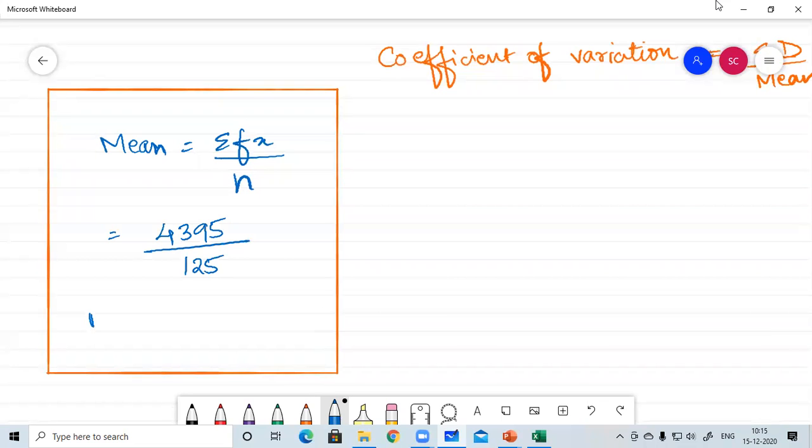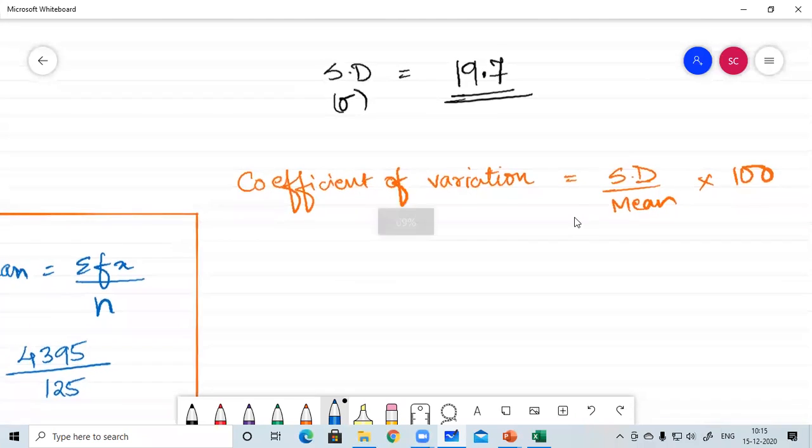So the mean, which is also x bar, is equal to 35.16. Did I get this answer?